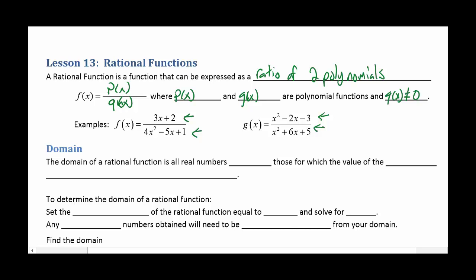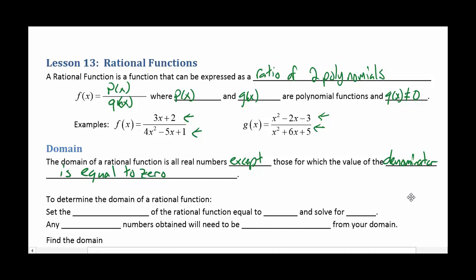Okay, we're looking at a fraction, so obviously domain is going to be related to the denominator. Let me go through the formal statement here. The domain of a rational function is all real numbers except for those values where the denominator is equal to 0.